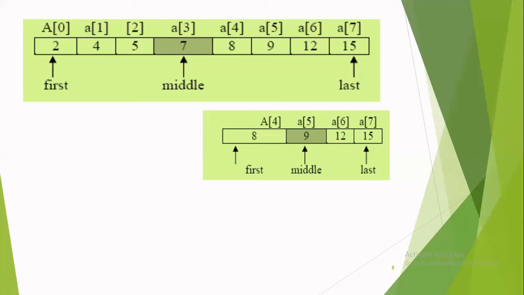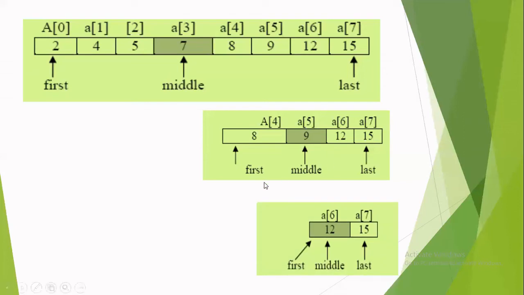Now, for the next step, we are going to move the first pointer to middle plus 1. That means you have to search for the element in the right half of this middle element. The right half of the middle element contains only 2 elements in the list. So you are going to move the first pointer to middle plus 1.